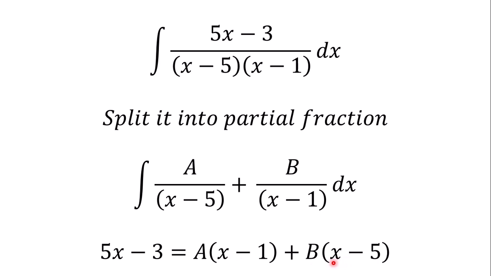That is either 1 or 5. So when you put x equal to 1, the whole of this will be 0, and then we find the value of this. And also when we put x equal to 5, this one will be 0, and then we find the value of this.